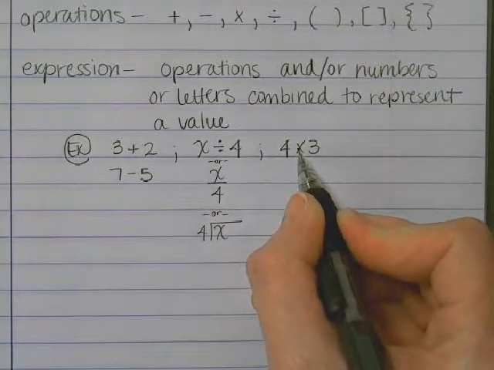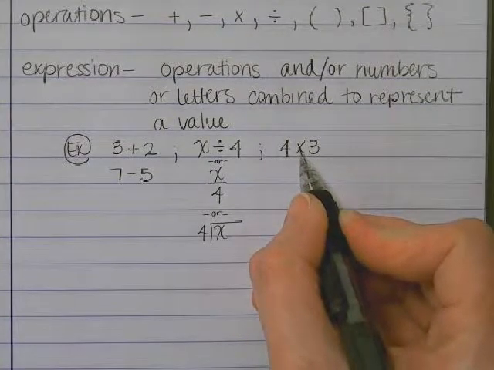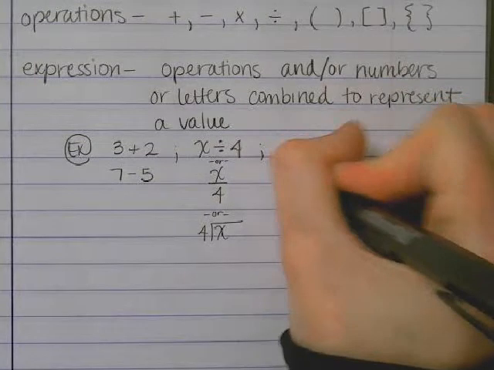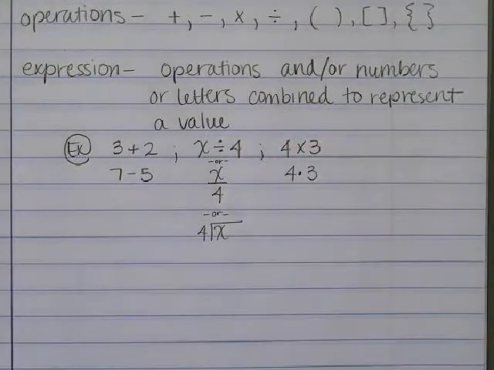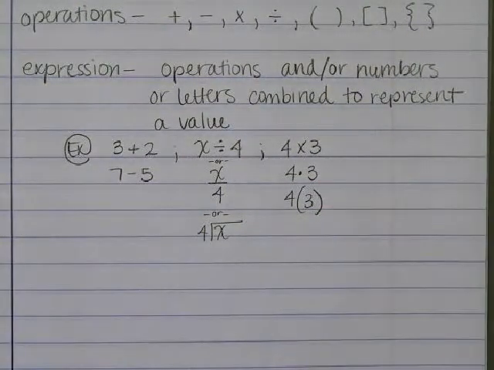So whenever we use variables, we try not to use the multiplication symbol. You might see a dot used. You might even see parentheses being used. So these are all ways that you can show multiplication.